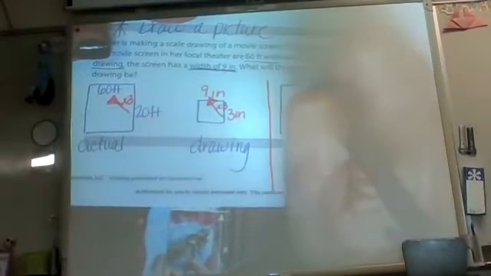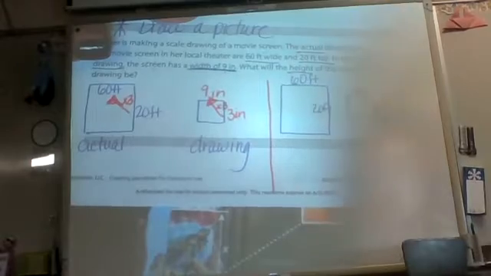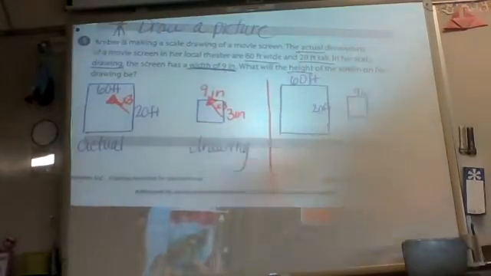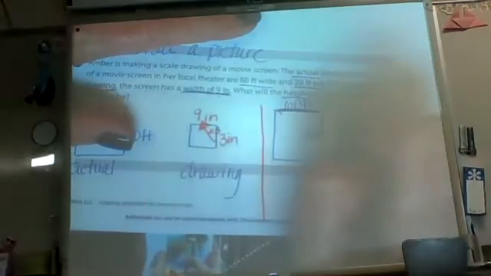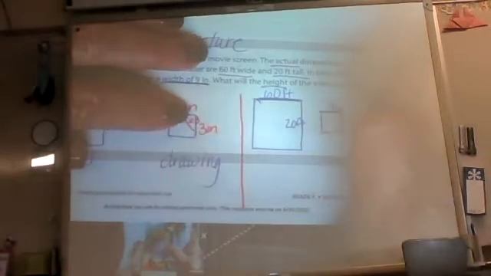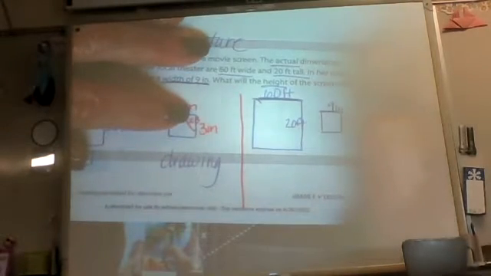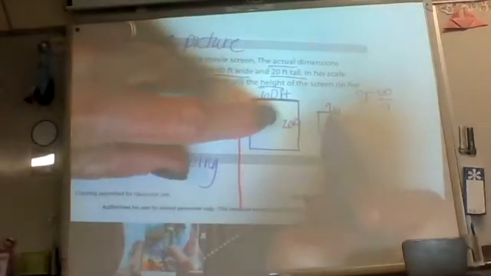So 60 feet, 20 feet, 9 inches, unknown. We're going to look for the scale factor that goes from this length to the drawing's length. So our scale factor would be 60 divided by 9, because these are both of the lengths.